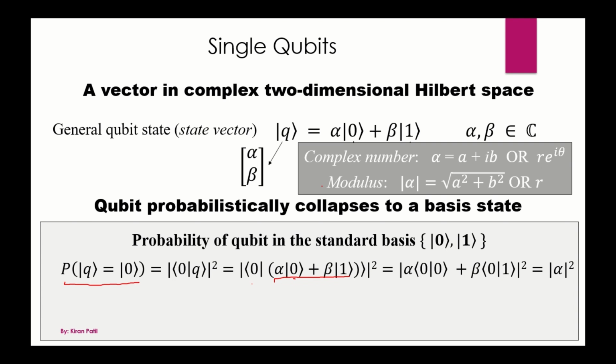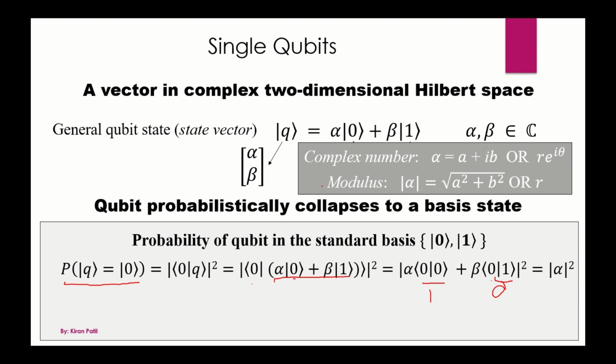As we know, the inner product of the same vector is equal to 1 and the inner product of different vectors is equal to 0. So it is replaced by 1, and it is replaced by 0. So what will be the answer? Alpha times 1 plus beta times 0. So we get the answer alpha. So the solution for this is modulus of alpha square, which we have seen in the Born rule.